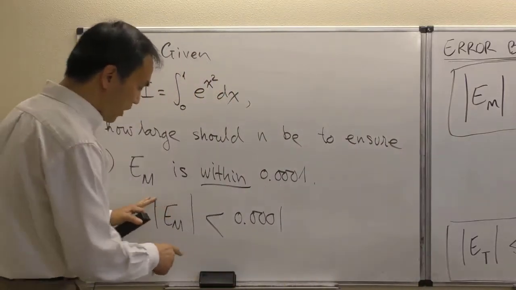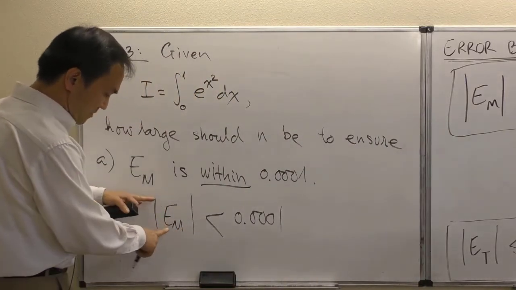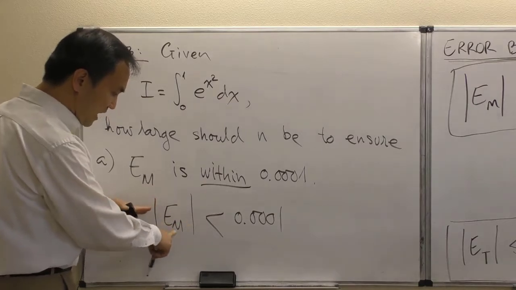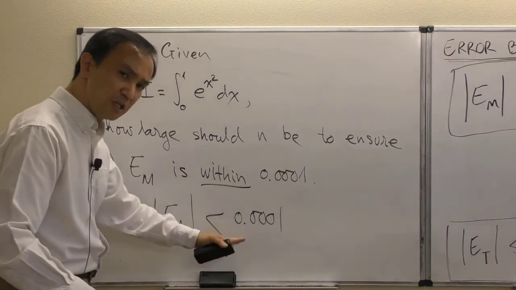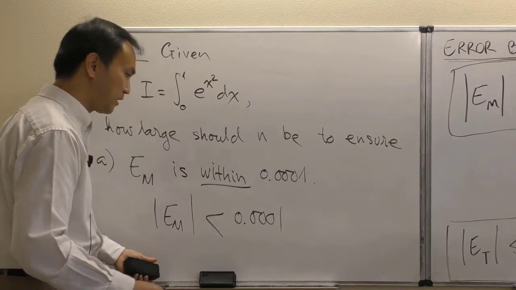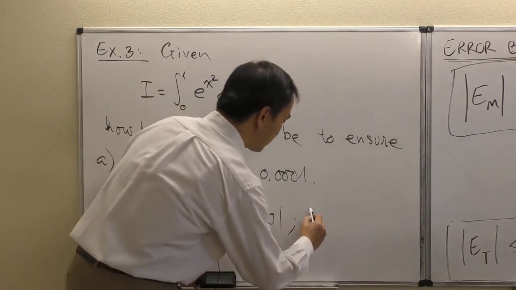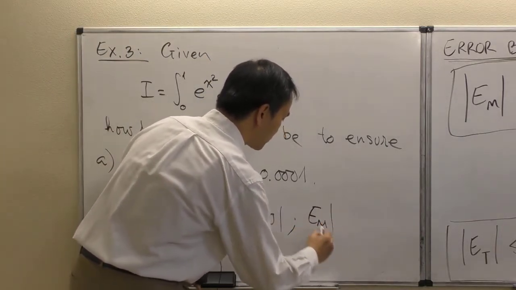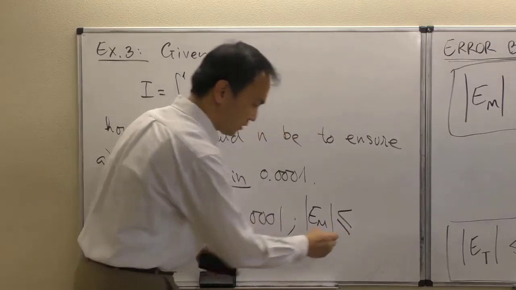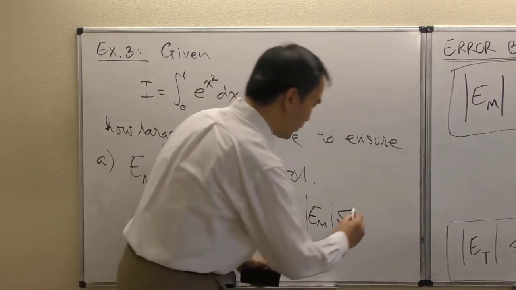Here what we want is EM in absolute value strictly falling below 0.001. But on the other hand, I repeat, EM in absolute value is proven to be less than or equal. This "or equal" right here is important.